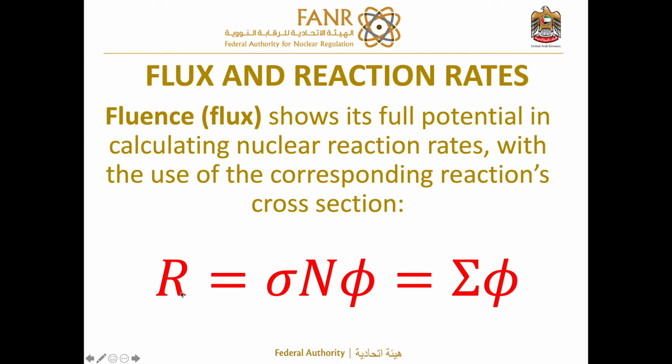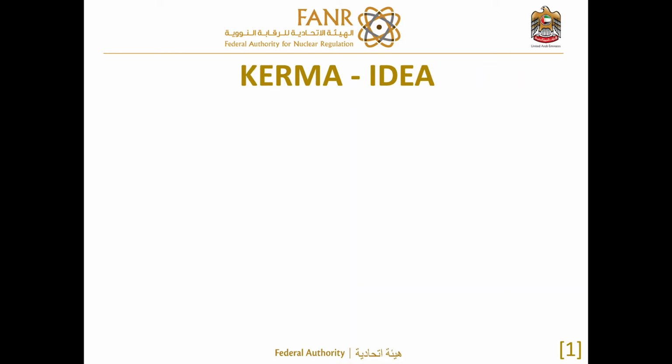So the rate at which a reaction occurs is the product of the fluence itself, multiplied by the number of atoms and the reaction probability, which is called macroscopic cross-section. In practice, you have seen previously cross-sections and macroscopic cross-sections, which are defined and calculated for several reactions and several materials. If we know the fluence of particles and the macroscopic cross-section, we can easily infer the reaction rate. That's the usefulness of fluence and flux.